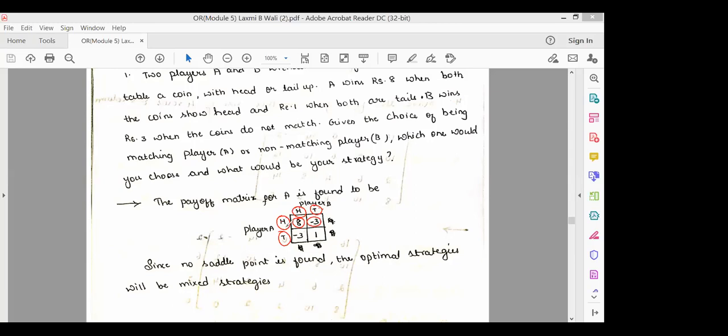In the same way, when player A is getting tail and player B is getting head, it is a mismatch, so player B is winning by 3 points and A is going to lose by 3 points. And when both are getting tail, player A is getting ₹1, whereas player B is losing 1.